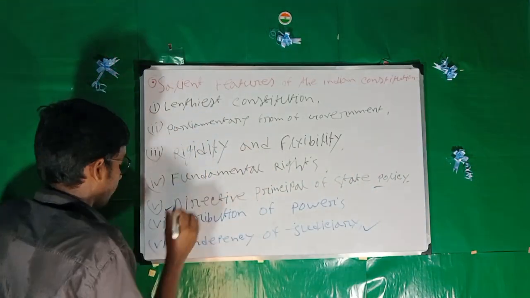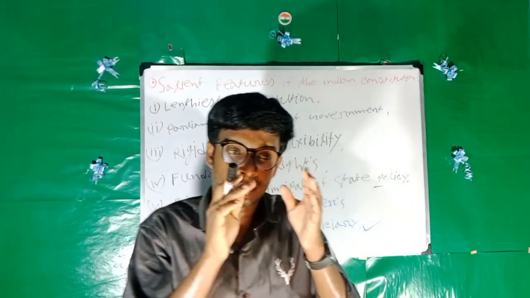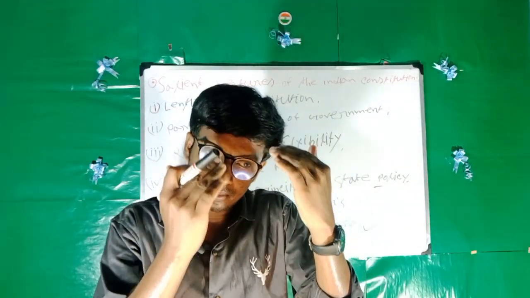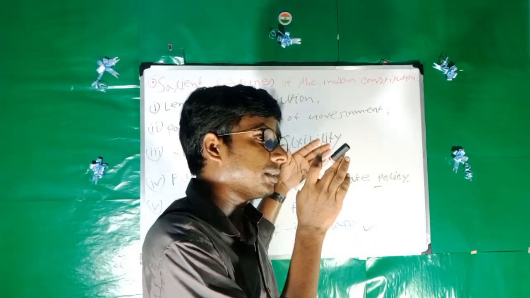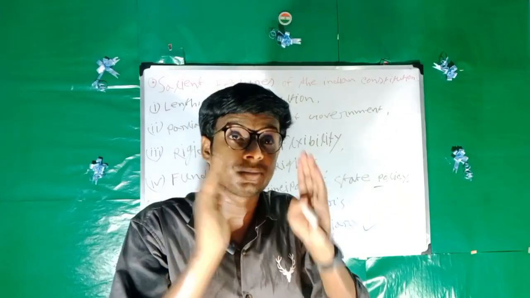Point number 6 is the distribution of power. Power is distributed by the Indian Constitution between the union and the states. There is both a union government and a state government, which is the federal structure of the Indian Constitution.